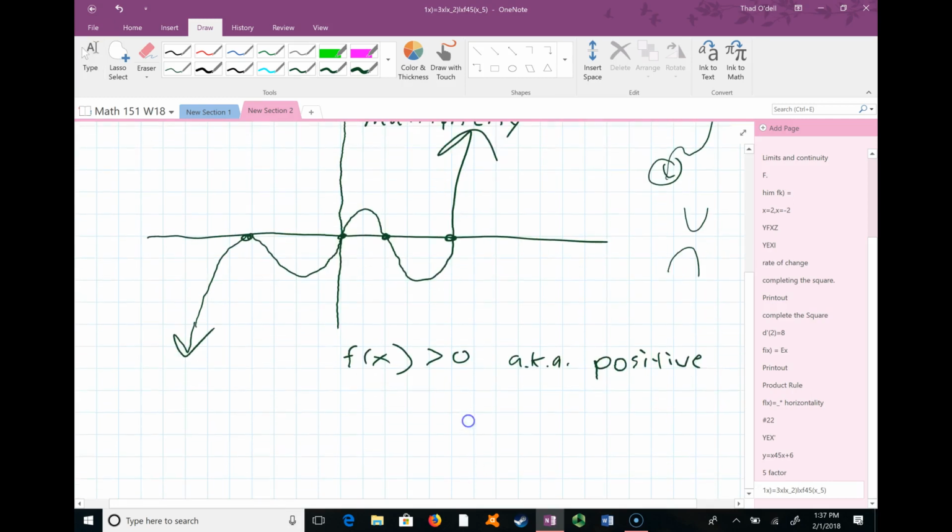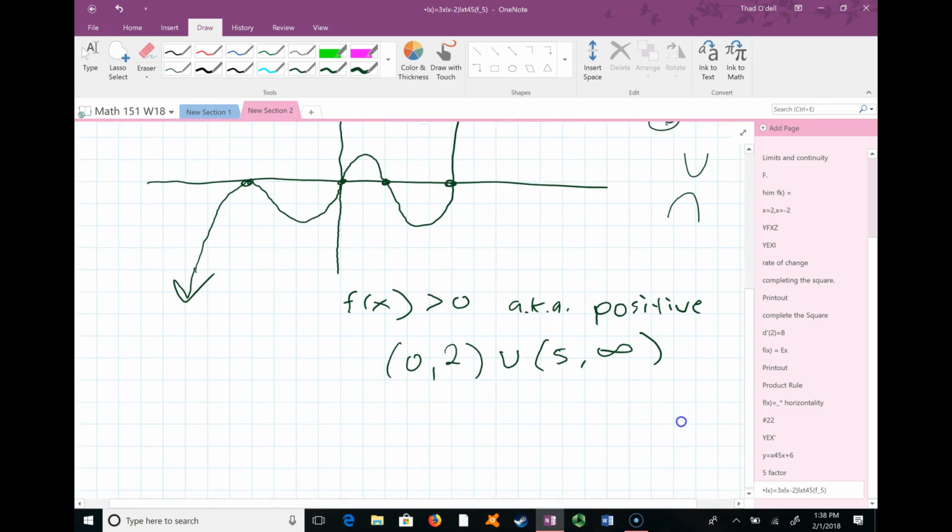So where is it positive? Well, it's positive between 0 and 2, and then it's also positive from 5 on to infinity. So we're just making a list using interval notation of where the graph is producing positive y values.